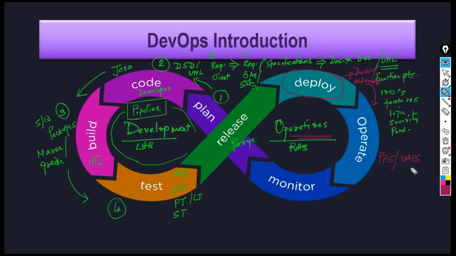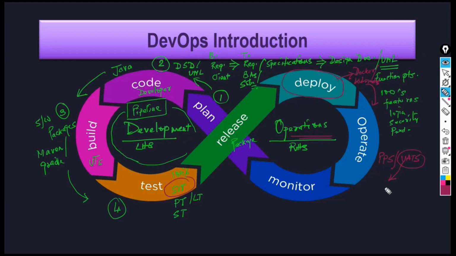What is UAT? Can anybody tell me? Like you have the SIT, you have the unit testing, UT. What about UAT? User acceptance testing. Yes, fantastic. Thank you. Who is the user of your entire software, the project?